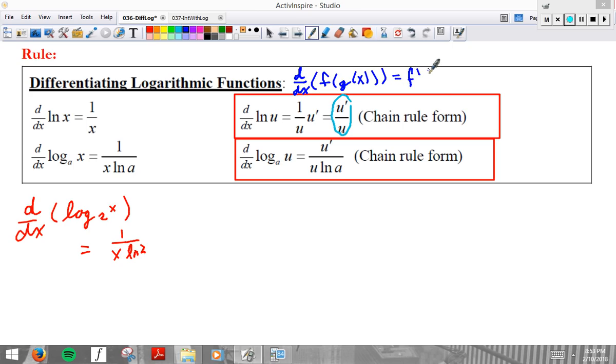We take the derivative of the outside, we keep the inside the same, and then we multiply by the derivative of the inside. The derivative of natural log is 1 over whatever was inside of it times the derivative of the inside. Just a chain rule. You've been using it all year. You used it with exponentials in 7-2. Now we're going to use it for derivatives.